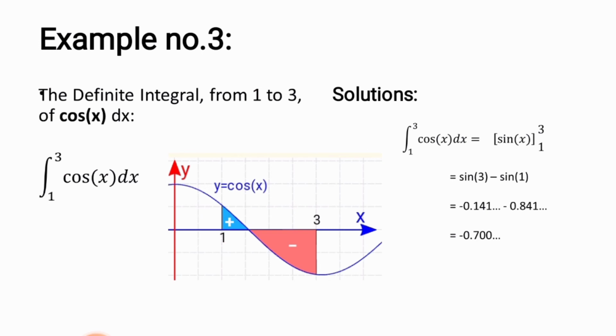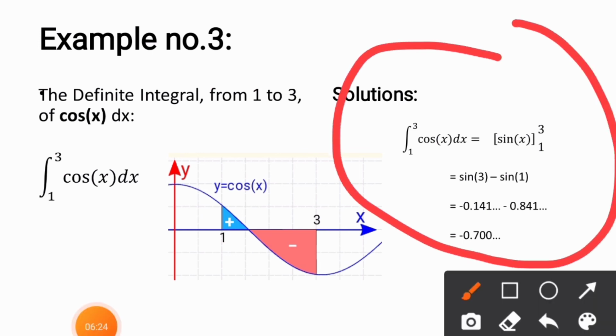Notice that some of it is positive and some is negative. The definite integral will work out the net value. Let us do the calculation with these solutions.